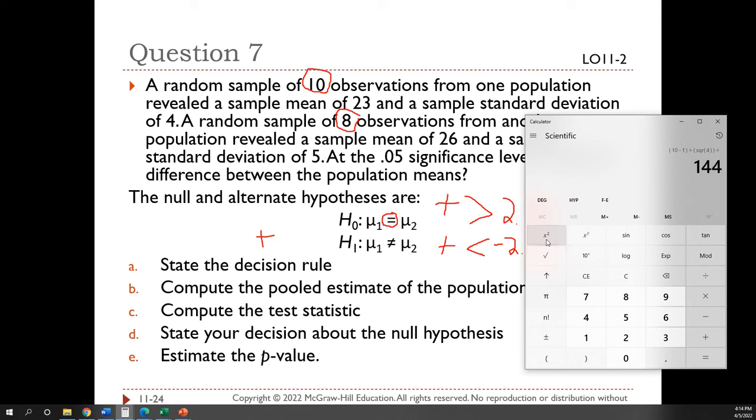We're going to add the combo of our second one, which is 8 minus 1 times our standard deviation of 5 squared.